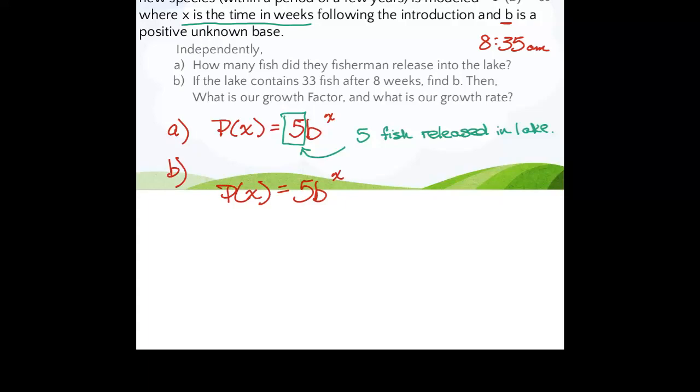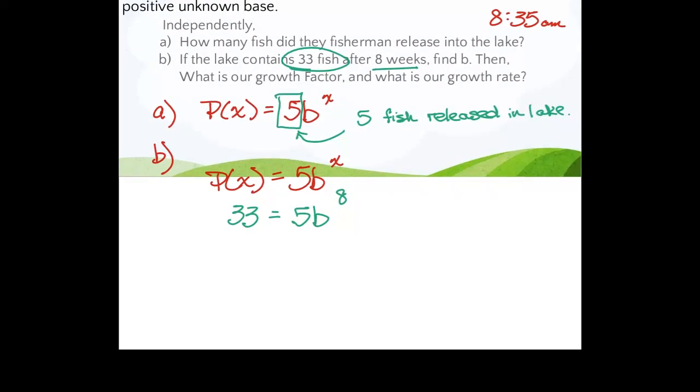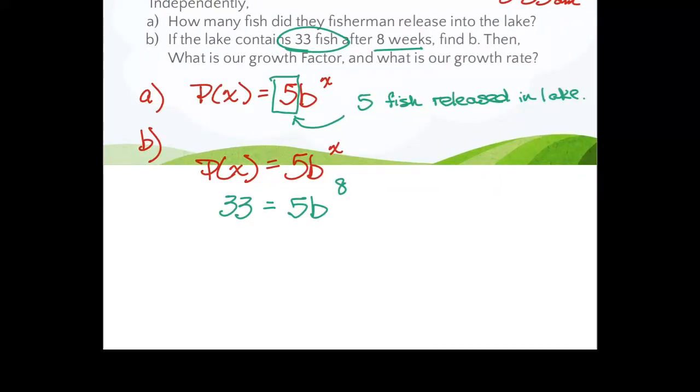Okay, 33, because that's how many fish we have after this time period of 8 weeks, equals 5 times B to the 8th power, because it did say that X was our time in weeks. So does everybody understand that equation?